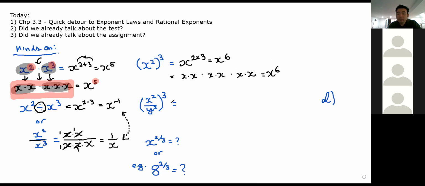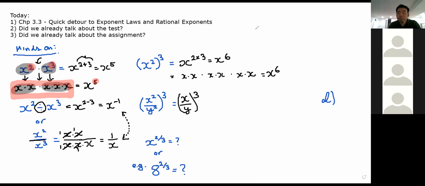Okay? The same can be said about when you have a fraction. It doesn't mean the rules change. Claire, you want to take over? What would the fraction here as a base turn into? Isn't it just x over y to the power of 3? Like this?